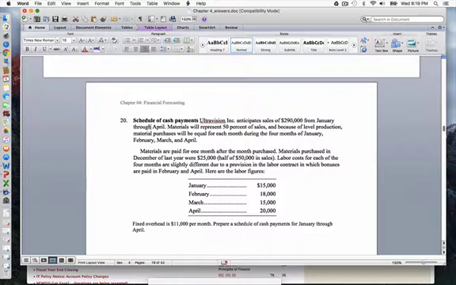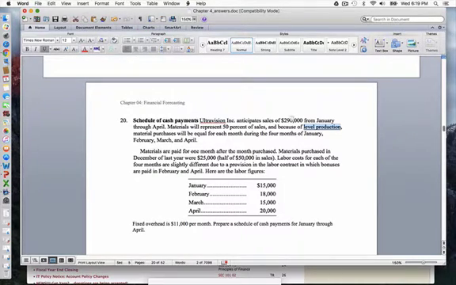This one on cash payments says that we have sales from January through April of 290,000 for all these 4 months. Materials will represent 50% of sales per month. And because of level production, that means they will smooth out production in equal quantities.